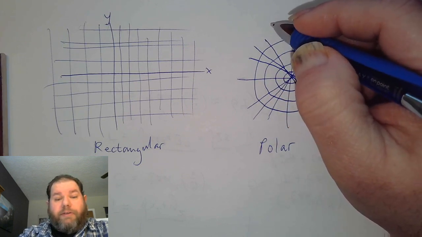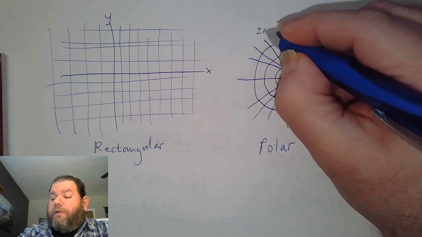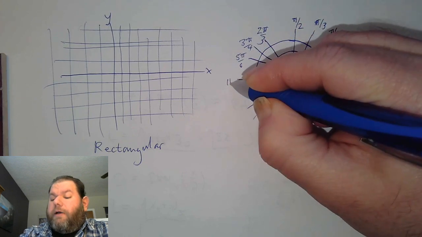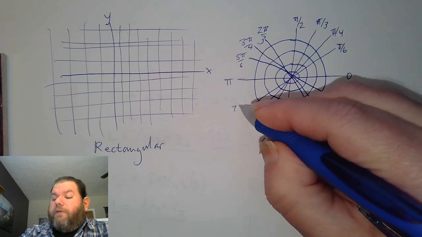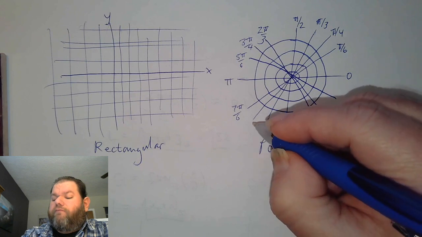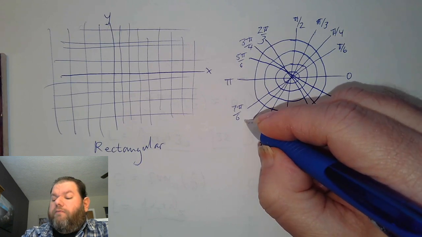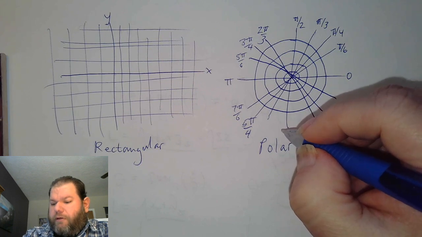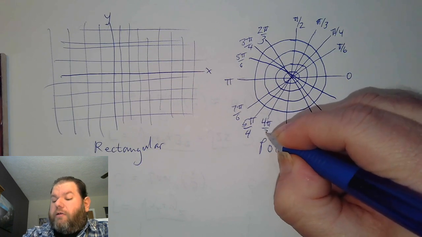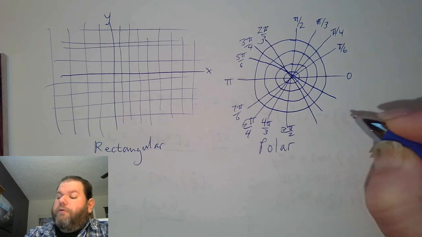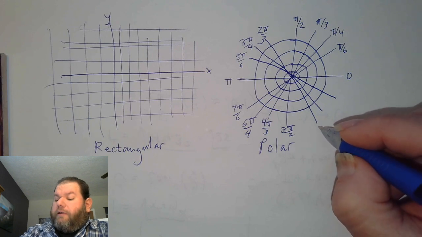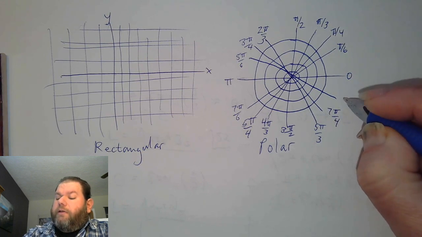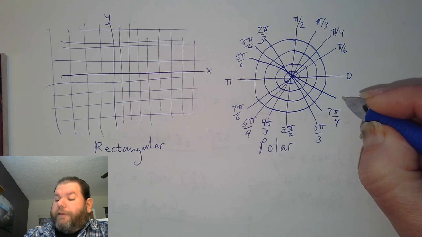It's exactly like a unit circle when we look at the angles here. 2 pi over 3, 3 pi over 4, 5 pi over 6, pi, 7 pi over 6, 5 pi over 4, 4 pi over 3, yeah, 3 pi over 2, let's see, 5 pi over 3, 7 pi over 4, and last one's 11 pi over 6.